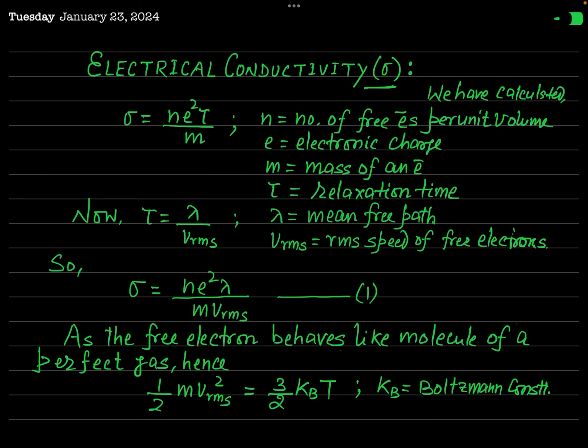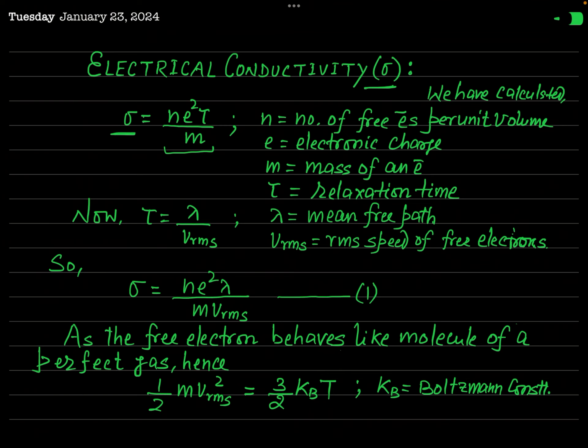The electrical conductivity, denoted by the symbol sigma, is equal to Ne squared tau over m. This result was derived in the previous lecture.